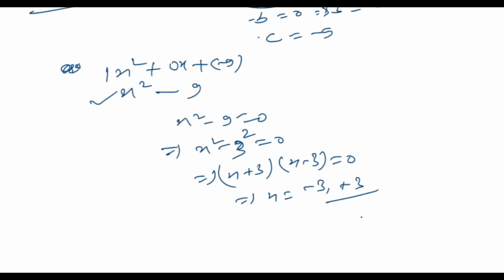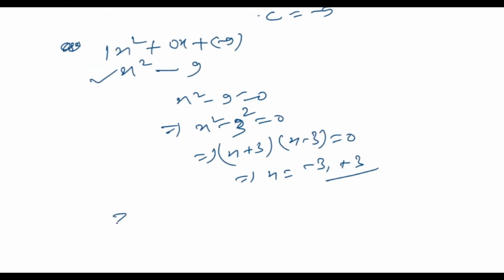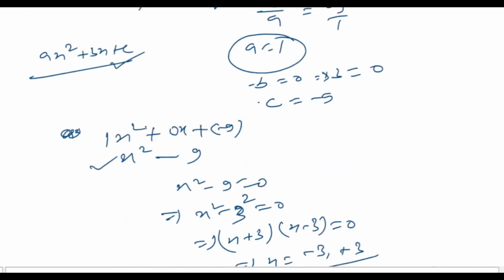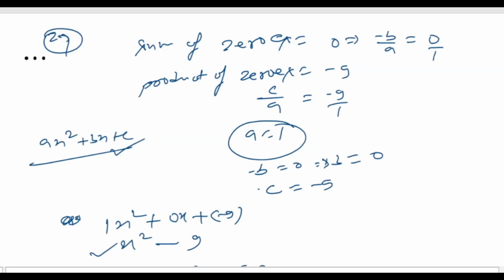Hence we can say that the zeros of the polynomial in R are minus 3 and plus 3. This is the solution of question number 27.